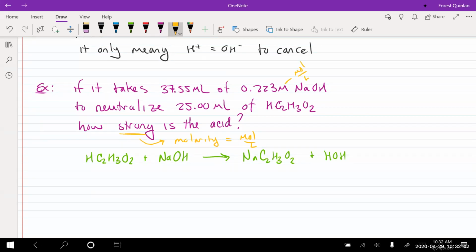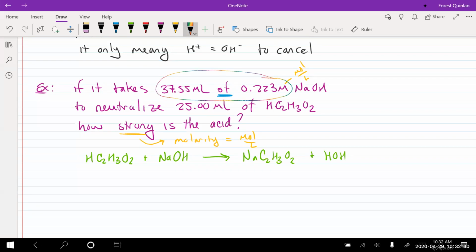I like reminding myself that the big M is moles over liters so that I can see all the pieces there. I also want to remind us, we have this word right here, of. And what does that mean? Multiplication. So these two things right here are intricately linked, that they will be multiplied together.